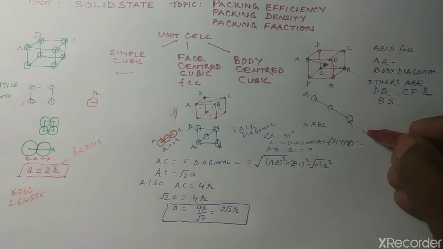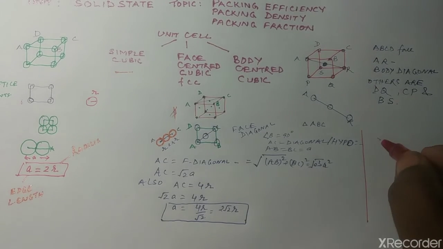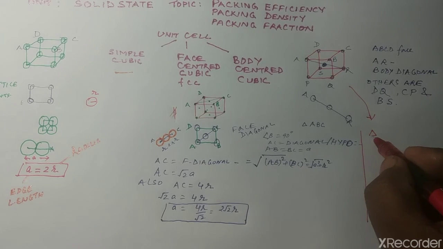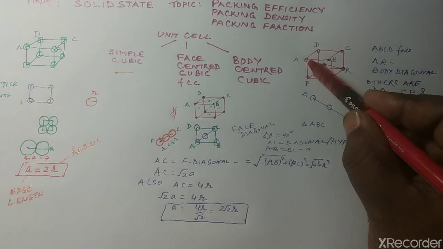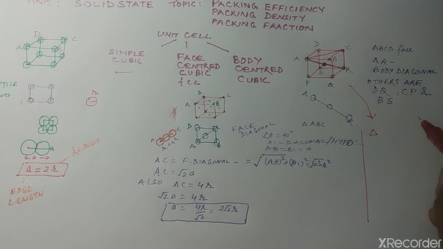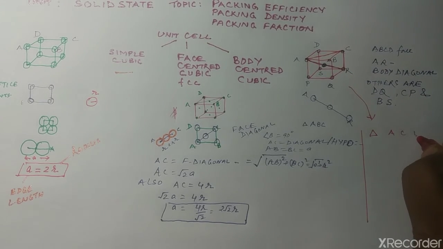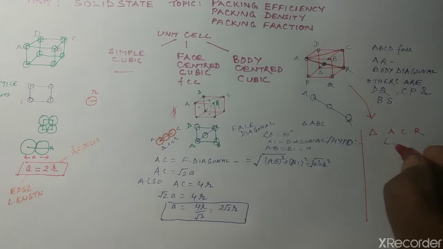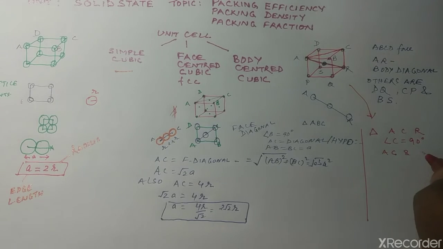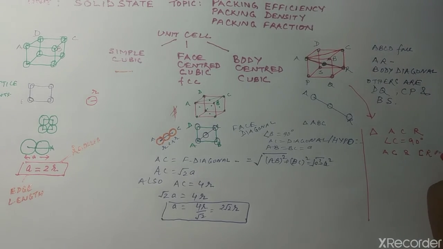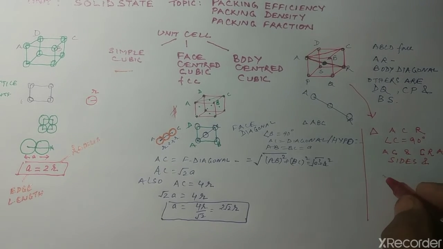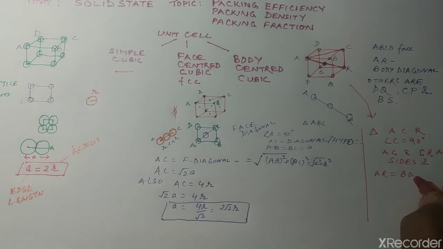Similarly, in BCC, here in triangle ACR, C is 90 degree as usual. AC and CR are sides and AR is the body diagonal.